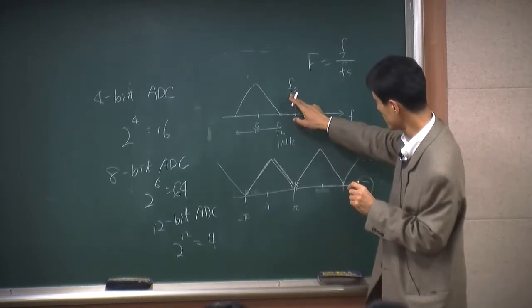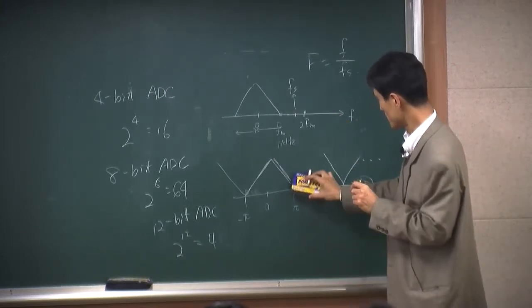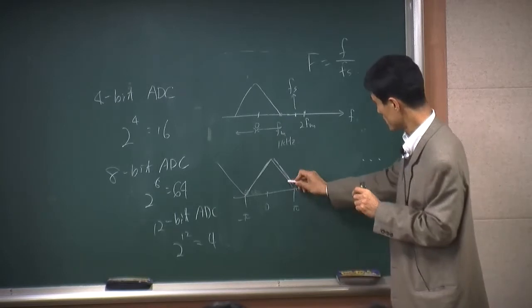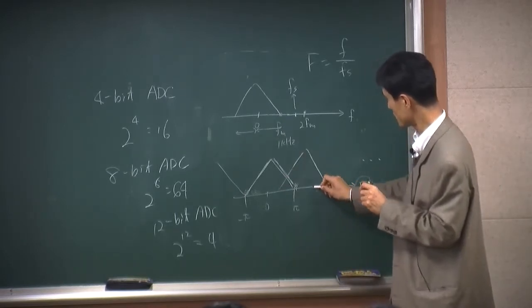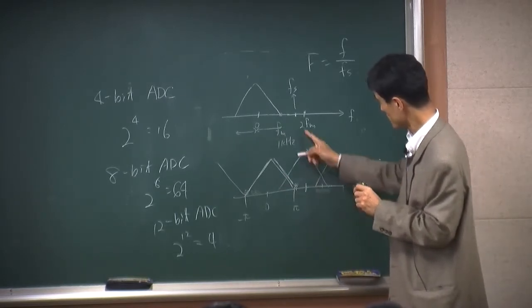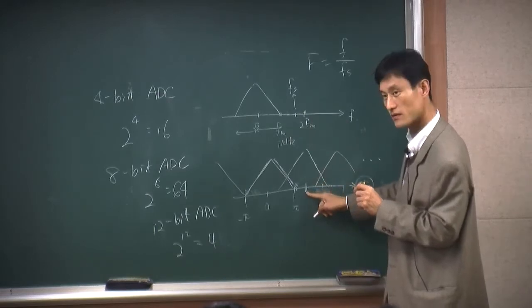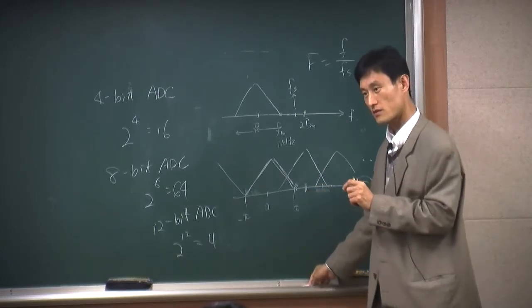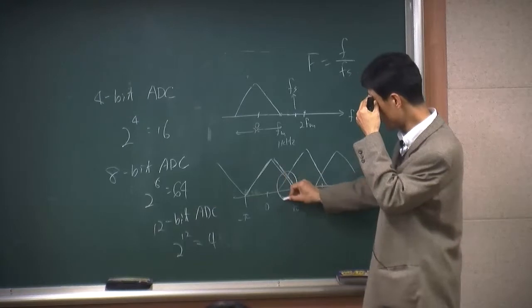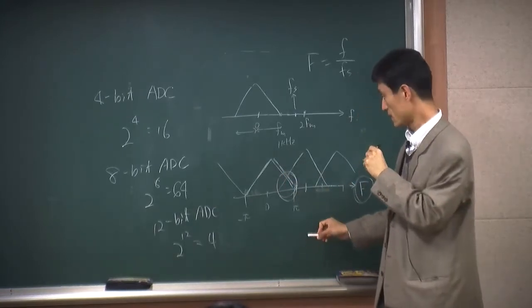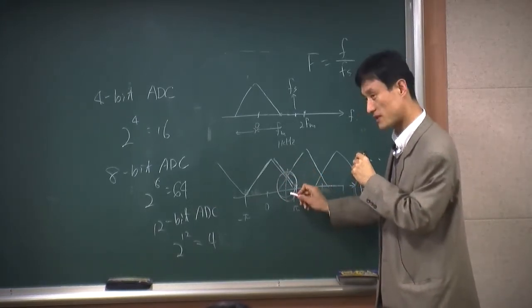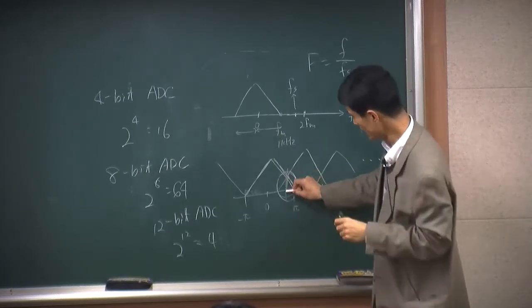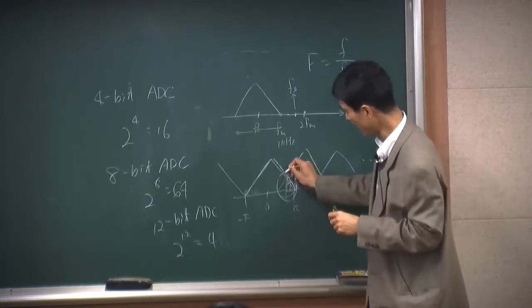But if you do undersampling like FS, that basically means you have this kind of thing. Here is FS. Do you see what I'm saying? So that's what happens. So here we have overlap. And this overlapping basically means that your high frequency component will go back to your own.